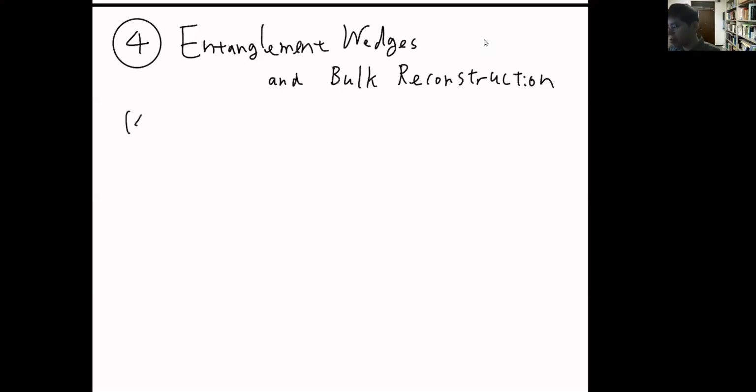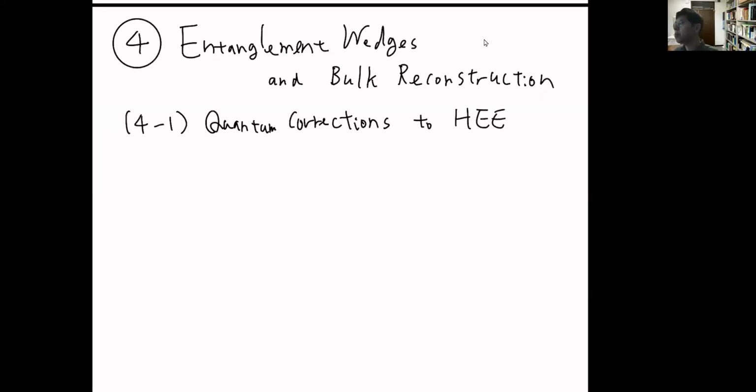This idea of entanglement wedges appears when we think about quantum corrections to holographic entanglement, quantum corrections to HEE, holographic entanglement entropy.